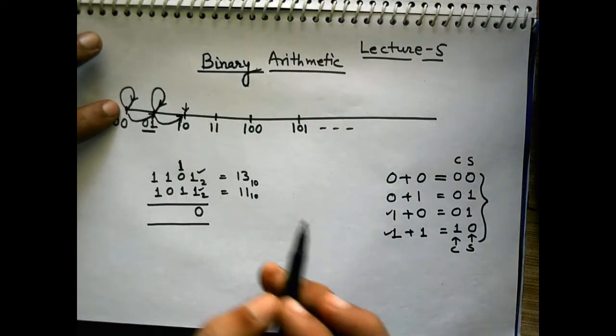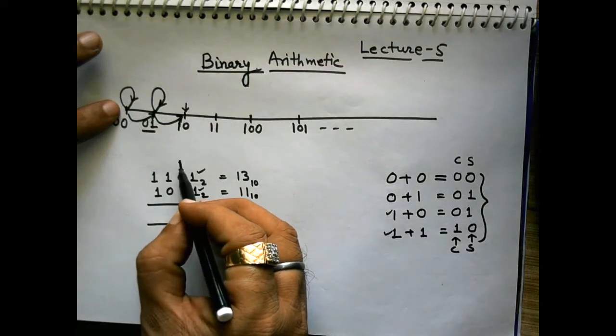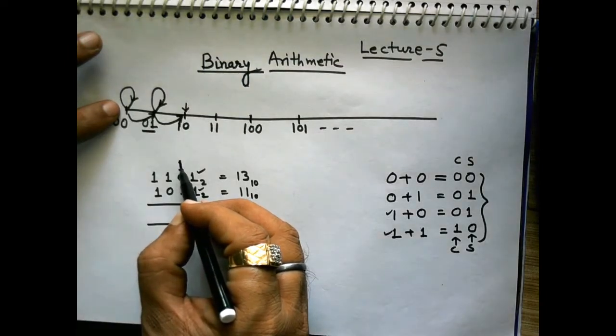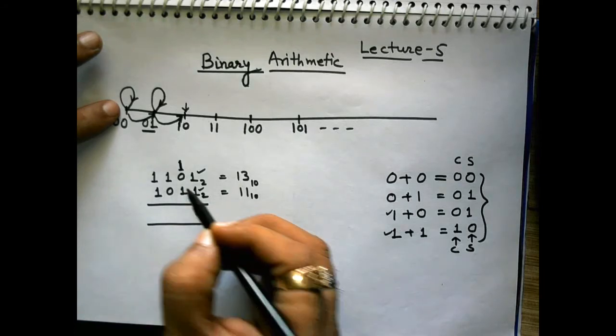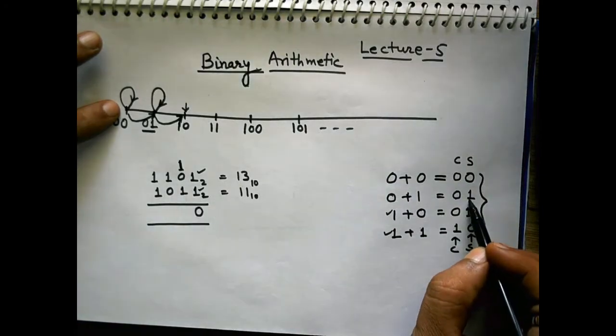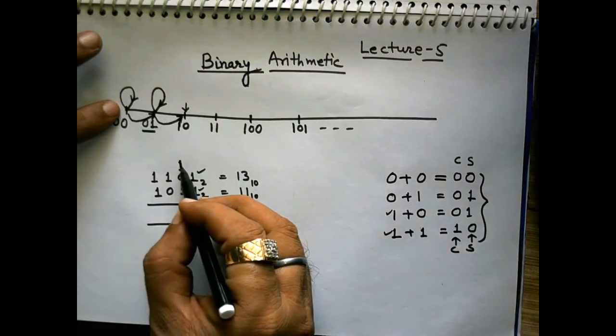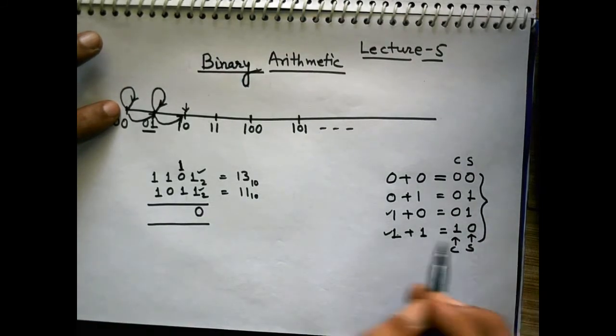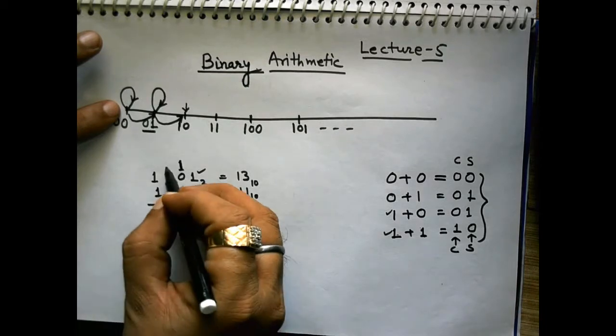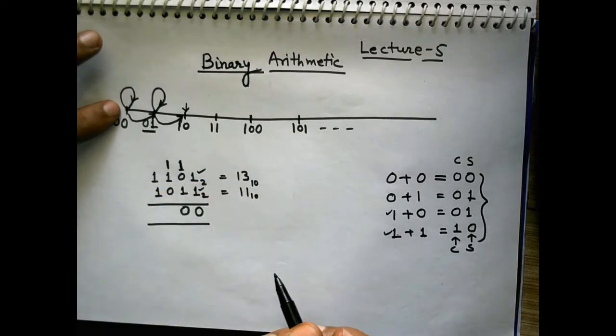Now 1, which was the carry, or you can say 0 added with 1, the result is 01, and if in that 01 you add 1, once again the situation is like this: 1 added with 1, the sum is 0 and carry is 1, which propagates to the next digit.